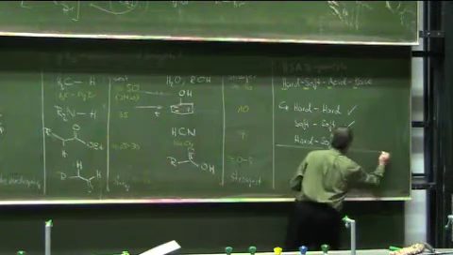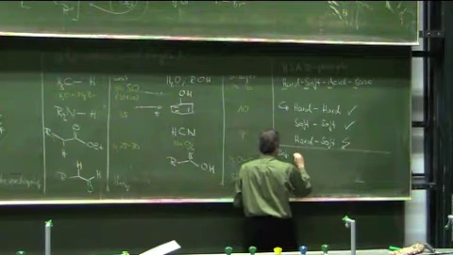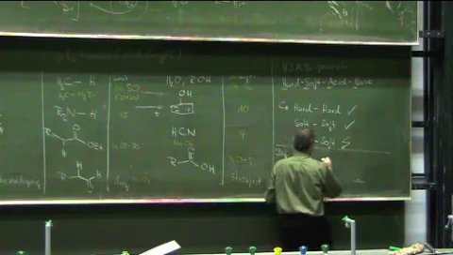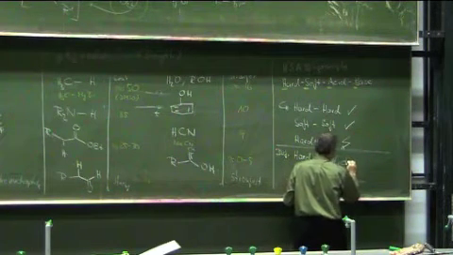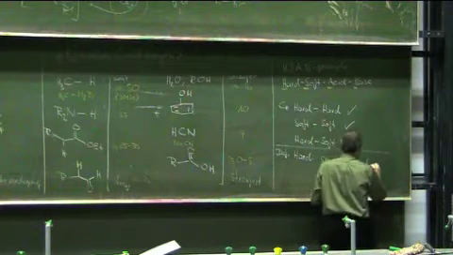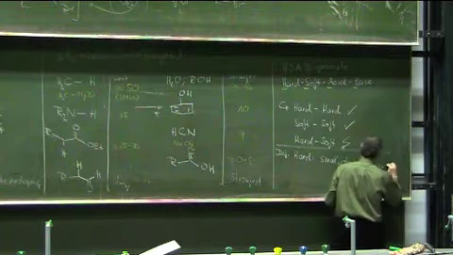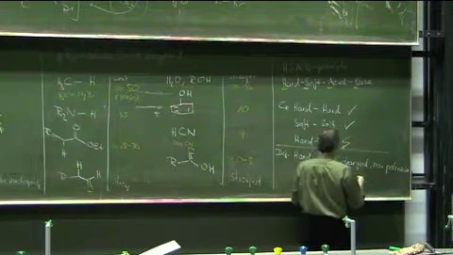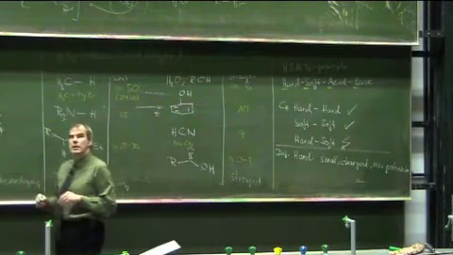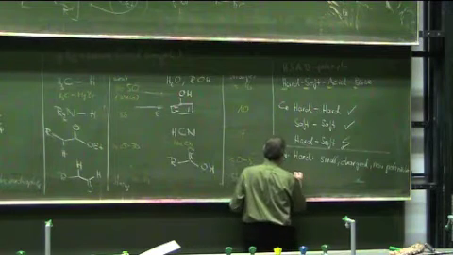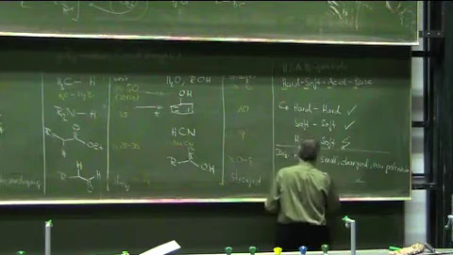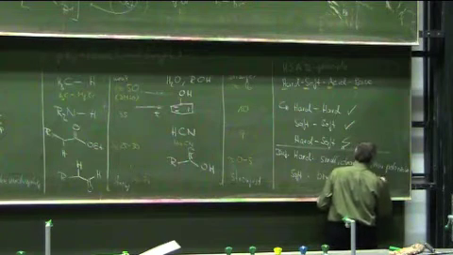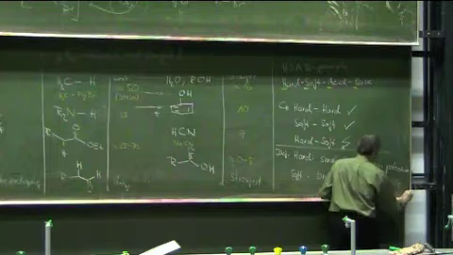And the definitions, and again this comes from experimental evidence, of course, the definition for hard is that these are small, charged, and non-polarizable acids or bases, and typically soft is big, neutral, and you can easily polarize it.